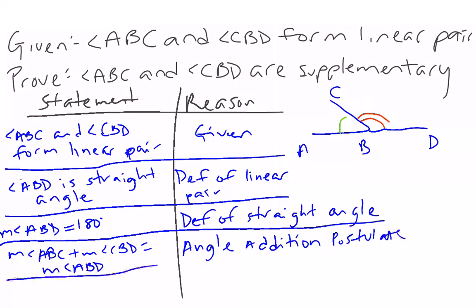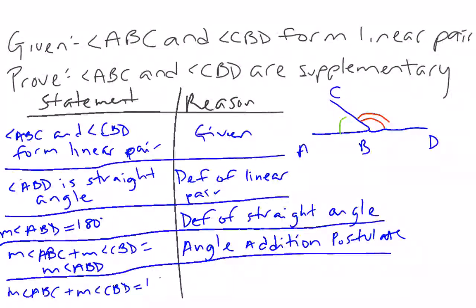Now I can substitute that in. So now I can say measure of angle ABC plus measure of angle CBD is 180 by substitution. And I almost had enough room.